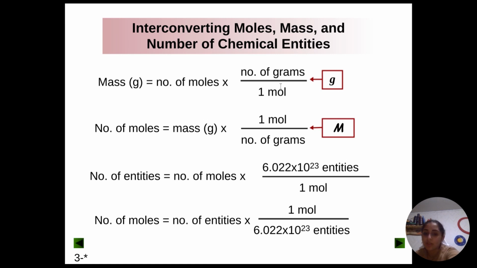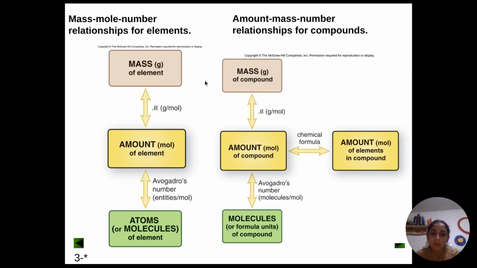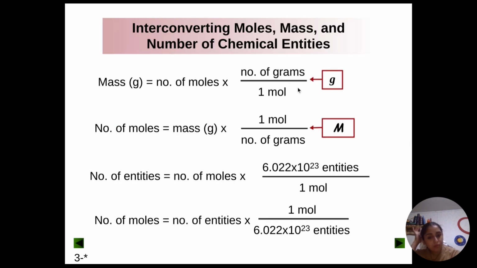The units cancel out and you're just left with your answer. And then for the number of moles, say you know your mass but you don't know your moles, you can flip it: mass in grams times 1 mole divided by the number of grams.